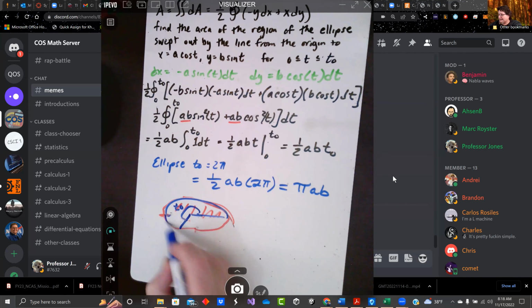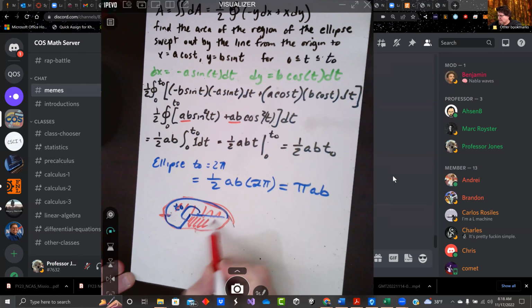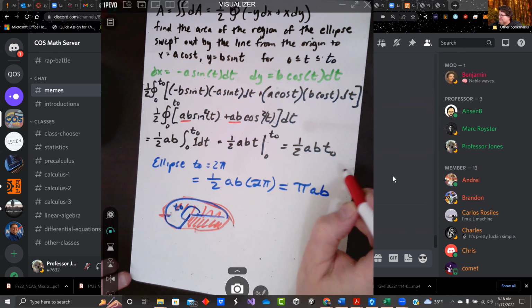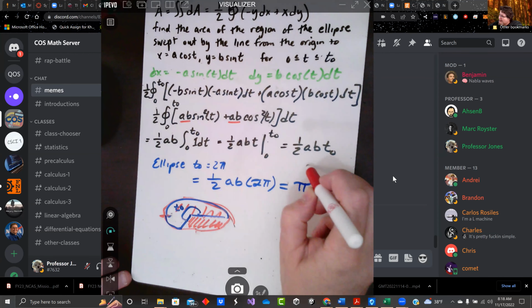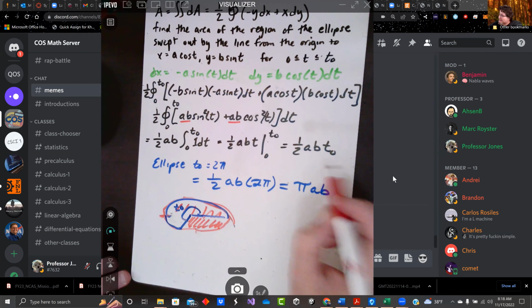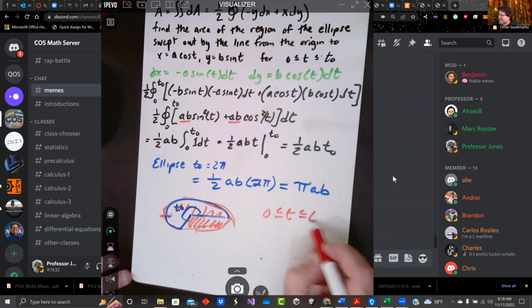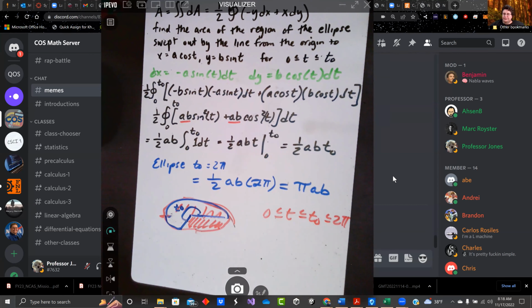And so we're getting that area and not the full thing. This might be why they put in the book, I grabbed this problem from the book, to point out that they actually say 0 is less than t naught, less than 2 pi, to point out that it's the full curve. And it might be for the very argument you're presenting.